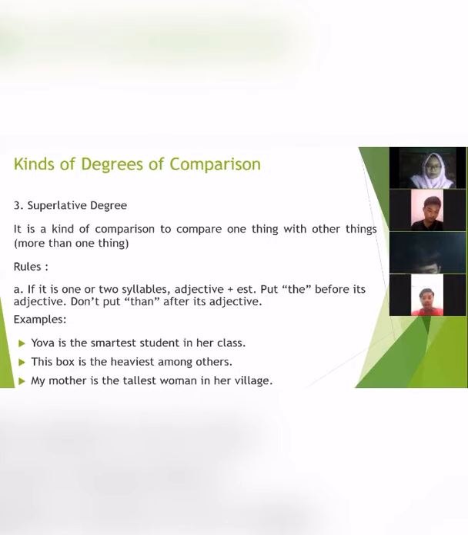A. If it is one or two syllables: adjective plus est, put the before the adjective. Don't put than after the adjective. Example: Yova is the smartest student in her class.